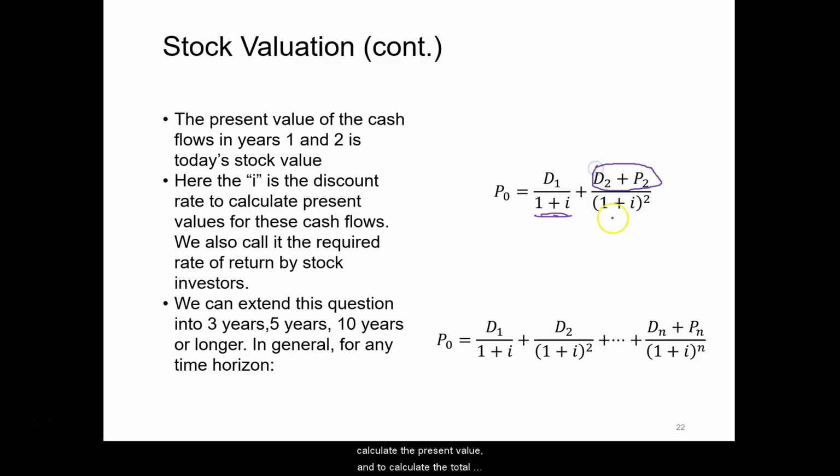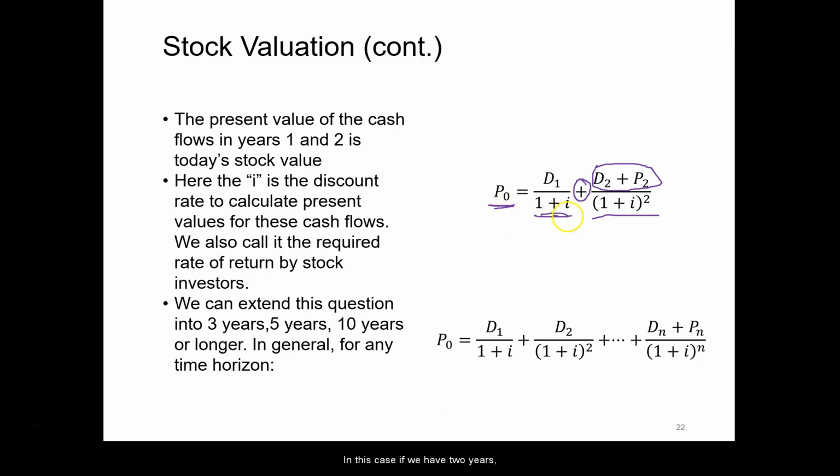And to calculate the total present value, we just sum up the 2 different present values, and that's how we get P0 today. So again, how much we are willing to pay for it today, the price of the stock, depends on how much we think we can receive from the stock in the future.